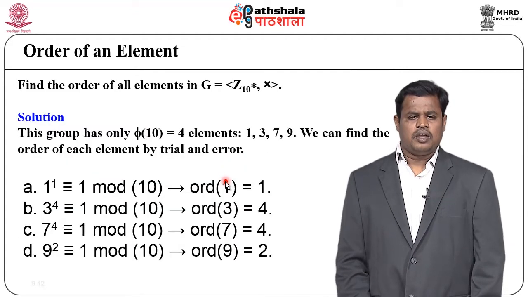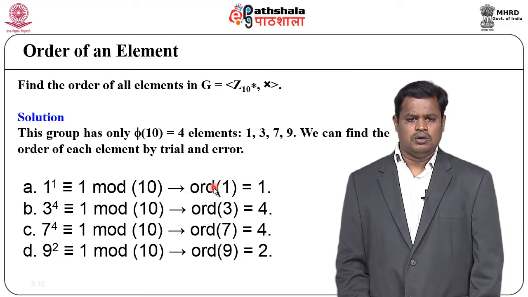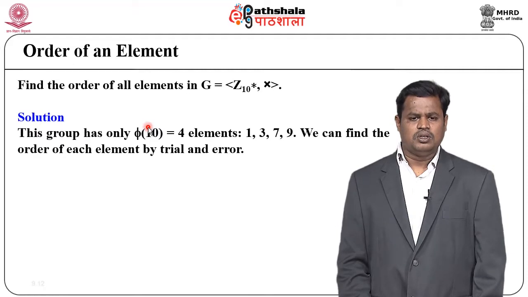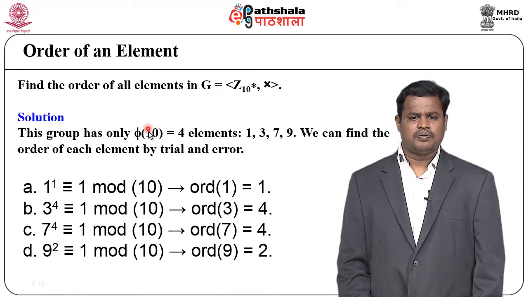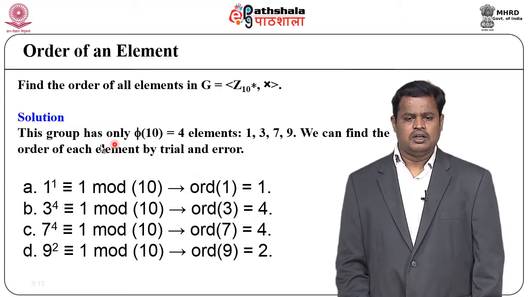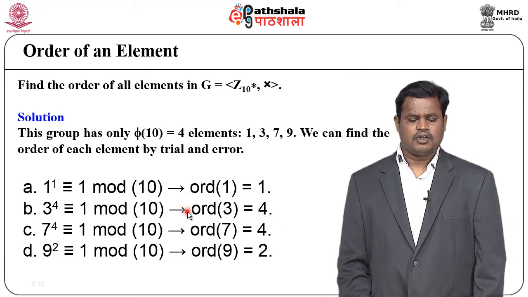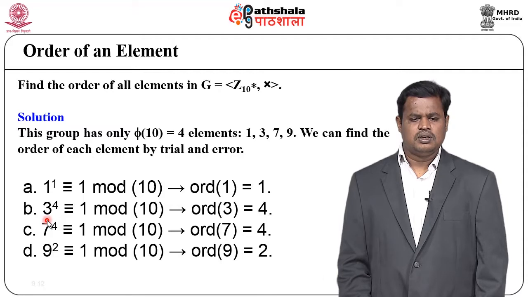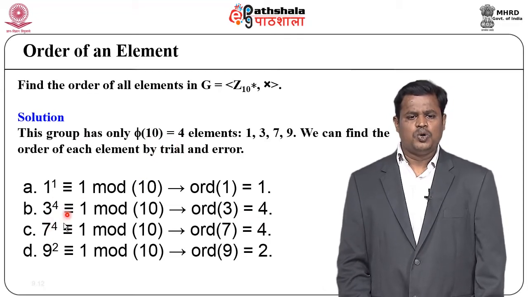So, if I want to find the primitive root of any group, first I need to know the order of the group, and second the order of an element. Then I have to verify whether the order of an element is equal to the order of the group. Here the order of the group is 4, and we have the elements 1, 3, 7, 9.